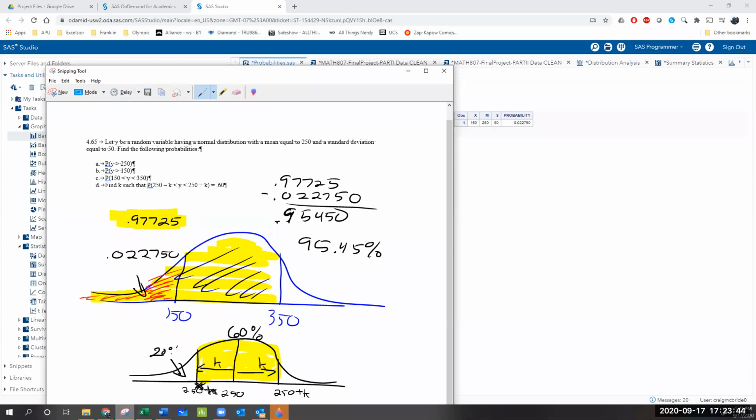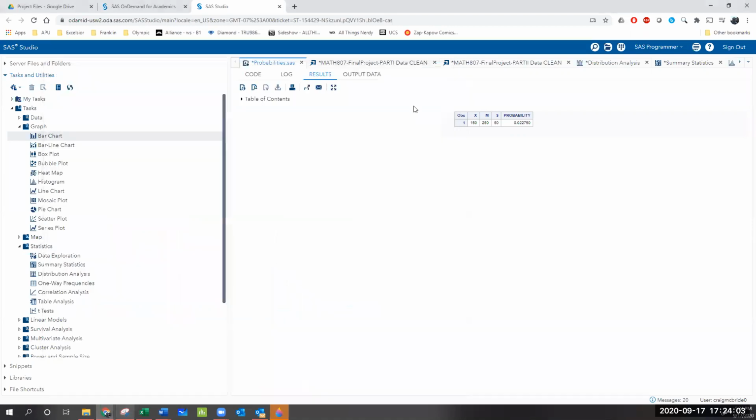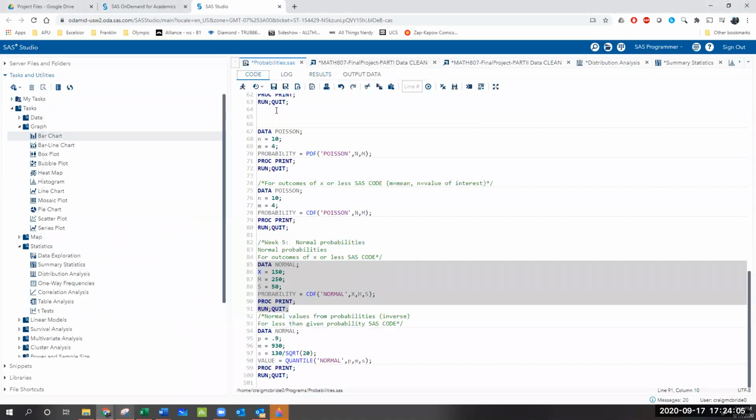This is 20%. Okay, so we know that we can use those inverse functions and find a value that has 20% less than it. We're basically finding the 20th percentile. So use whatever function you want to find the 20th percentile, right? If you're in SAS, then we're doing the quantile function, where this would be 0.2, right?